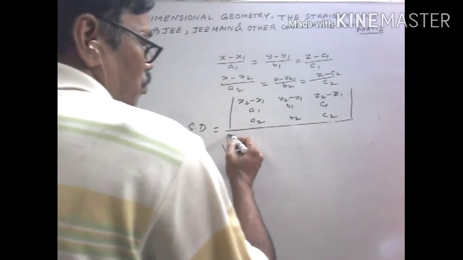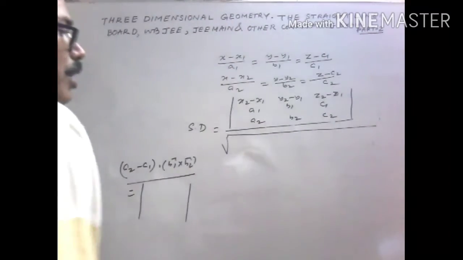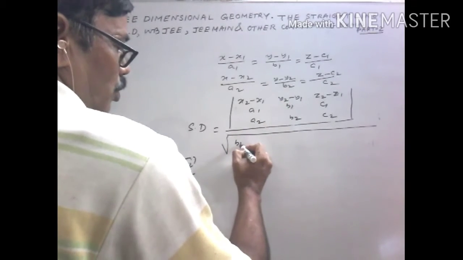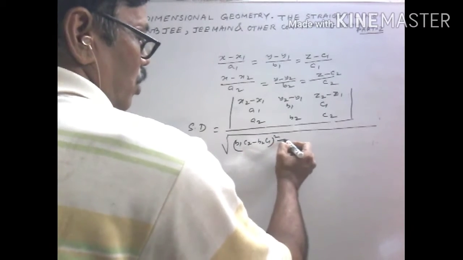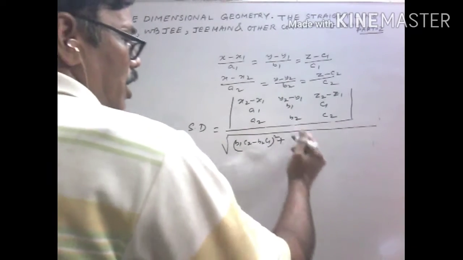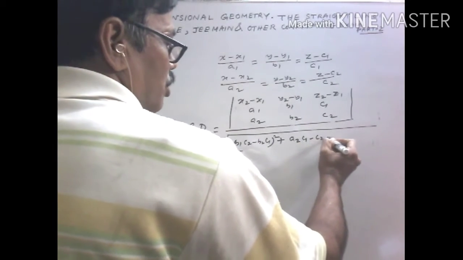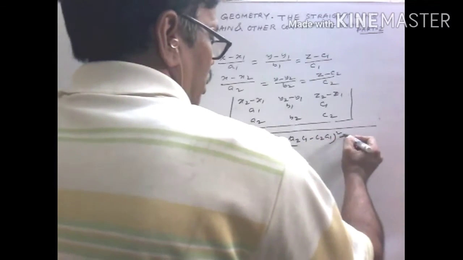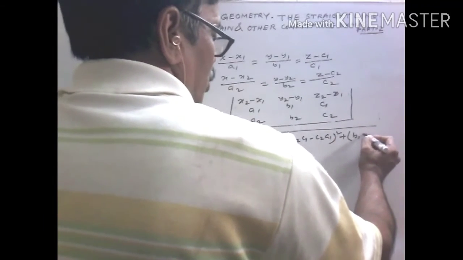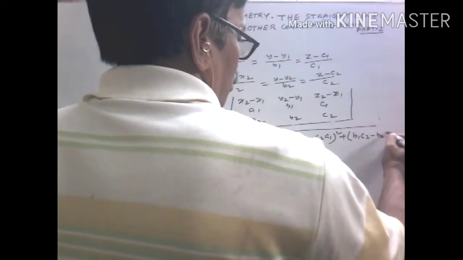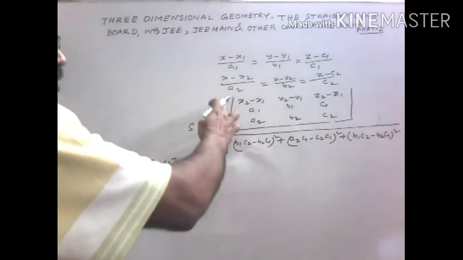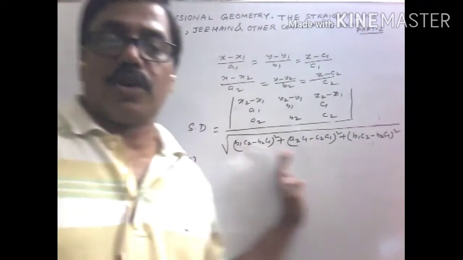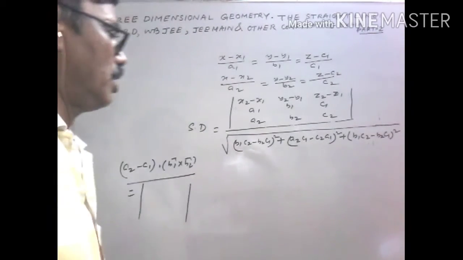Now |b1 × b2| is the root over, by the method of cross multiplication, (b1c2 − b2c1)² + (a2c1 − c2a1)² + (a1b2 − a2b1)². So this is the formula of shortest distance in terms of Cartesian coordinates.